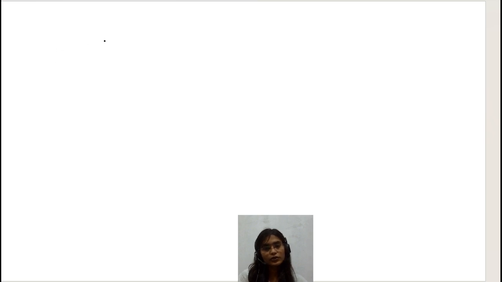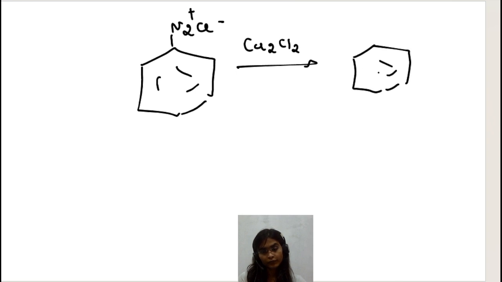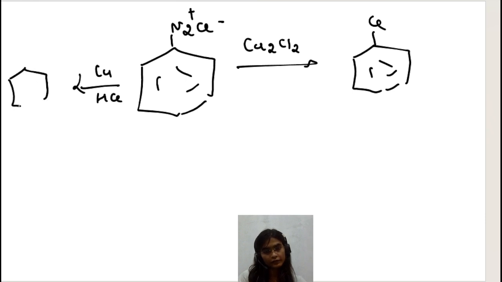Let me just brief what I just explained to you. If you use Cu2Cl2, we are getting this. If you use only copper and HCl, we are getting this still.